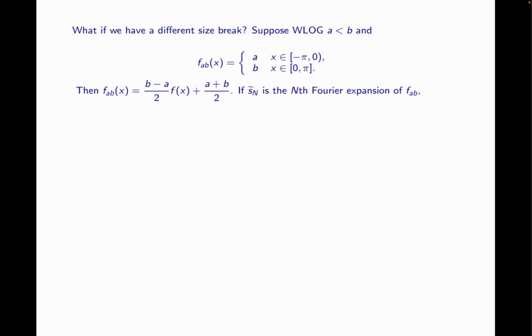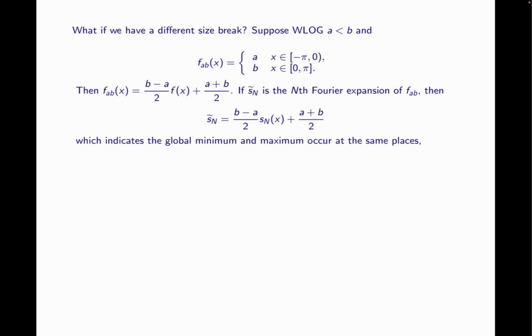So if s tilde n is the nth Fourier expansion of fab, then s tilde n is the same scaling of the truncated Fourier series of f plus the same constant. Because if I take a Fourier series and scale it, I get another Fourier series, and if I add a constant to it, it's still a Fourier series. So that indicates that the global minimum and maximum occur at the exact same places as before.